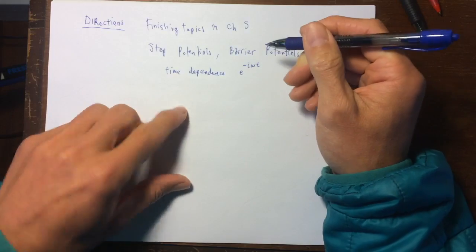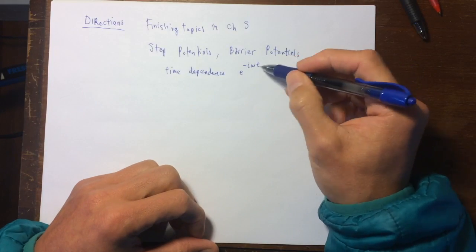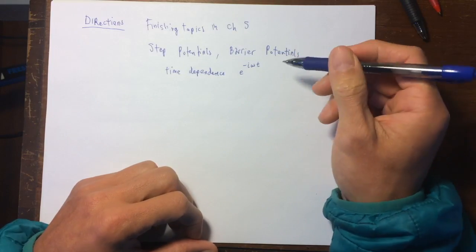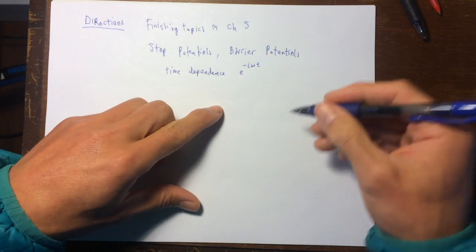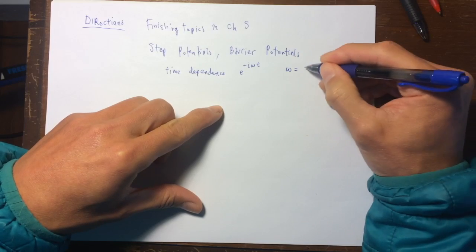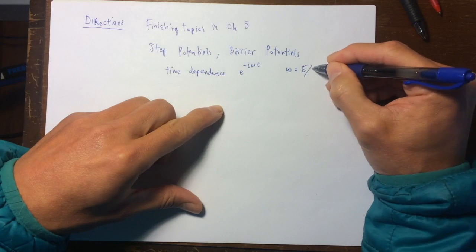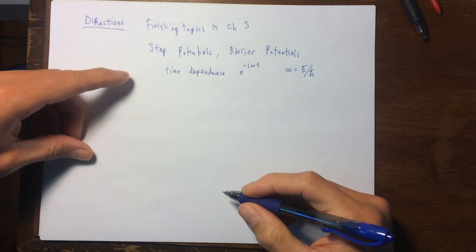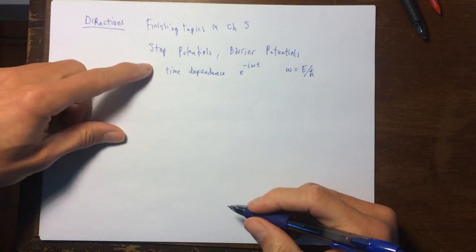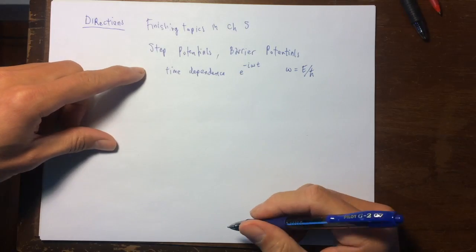So the time dependence is kind of simple to add. You just tack on this time dependent factor, where omega is E over h bar, like this. You can see this in your book. But so this is what you're studying.